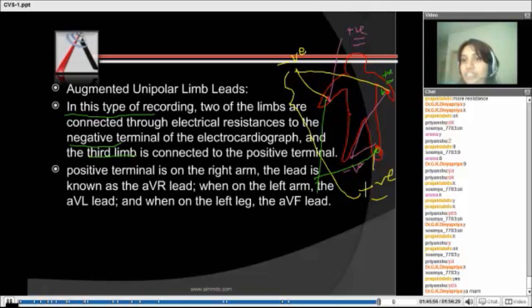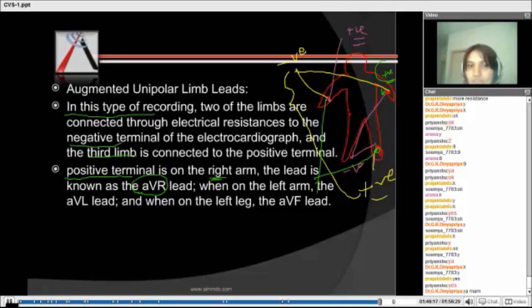Now which lead is called what? Defining it: when the positive terminal is on the right arm, the lead is known as the AVR lead. This green one is called the AVR lead.